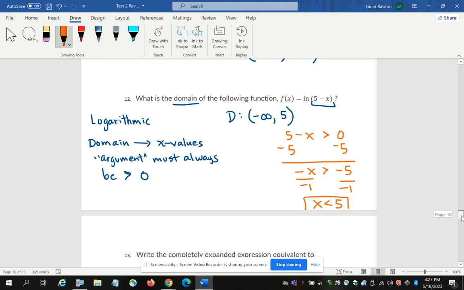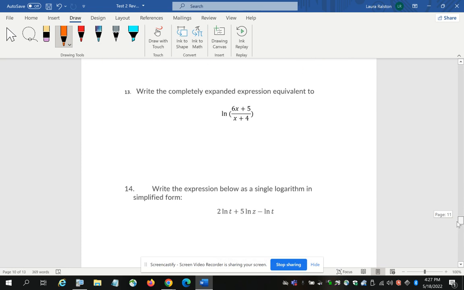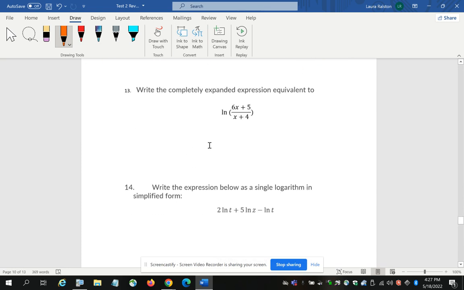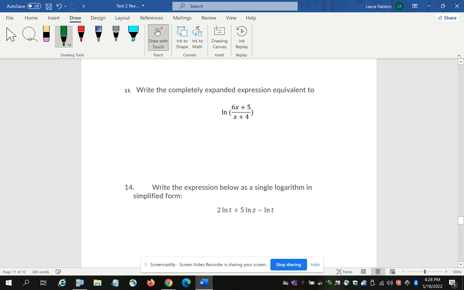Okay, so there's a couple of ways to do some of these problems. All right, 13 says write the complete expanded expression equivalent to natural log of (6x plus 5) divided by (x plus 4). Okay, so this problem is asking you to use your properties of logarithms to expand it.